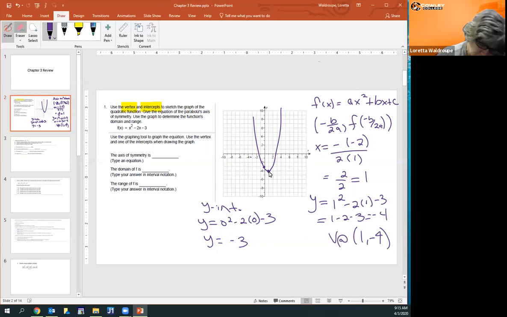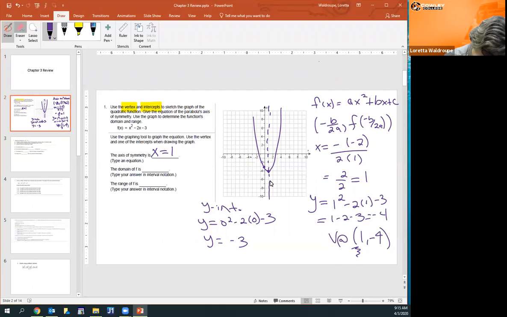Okay? So your axis of symmetry, because we're only doing the vertical parabolas, is always x equals, and it's the x value of your vertex. So x equals 1 for this parabola, because that's the imaginary line right there, where the graph is a mirror image on both sides.